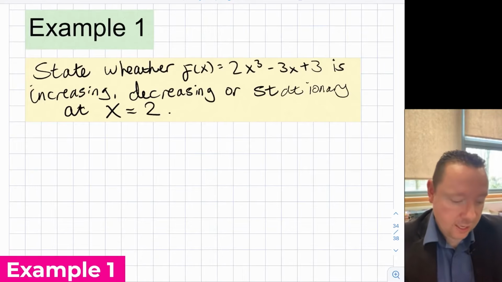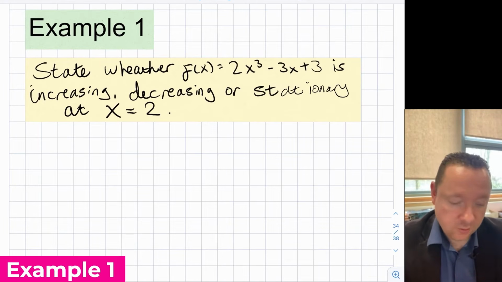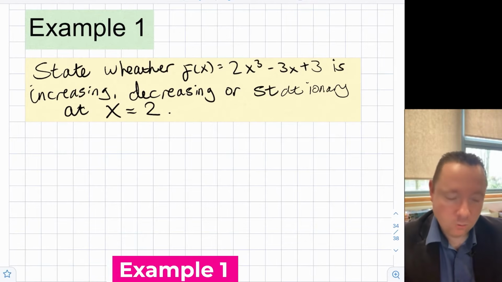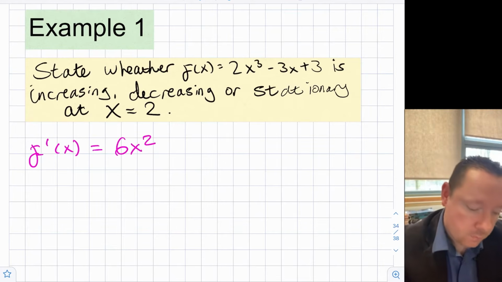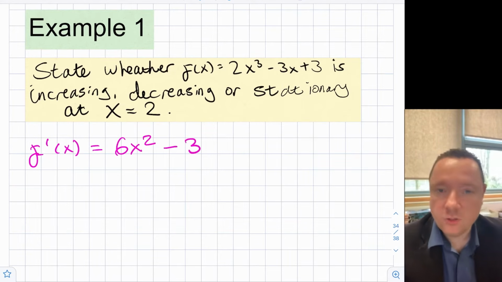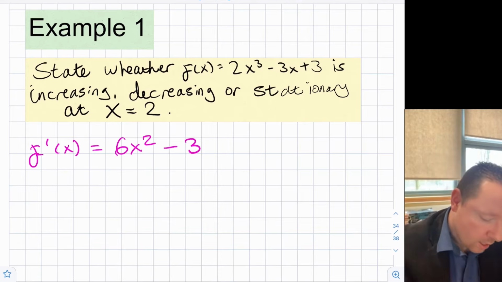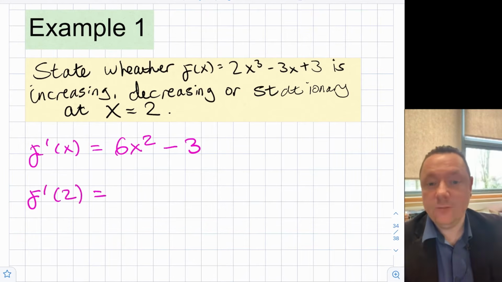Okay, example 1 says state whether f of x equals 2x cubed minus 3x plus 3 is increasing, decreasing, or stationary at x equal to 2. So first thing we can do is work out our derivative, f dash x. F dash x is 3 times 2 is 6x squared, taking away 1, minus 3, and the plus 3 goes to 0. So all we need to work out is substituting 2 in to see if that is positive, negative, or 0.